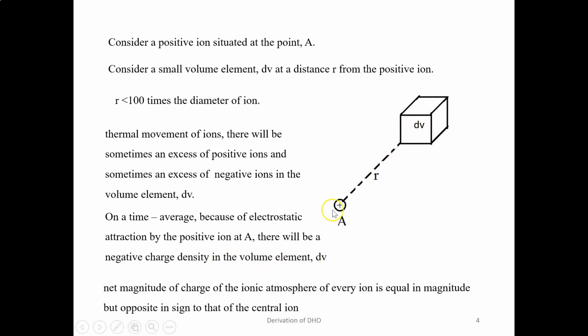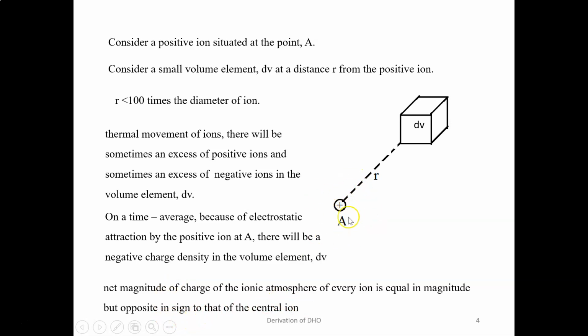The net charge of the ionic atmosphere of every ion is equal in magnitude but opposite in sign to that of the central ion.